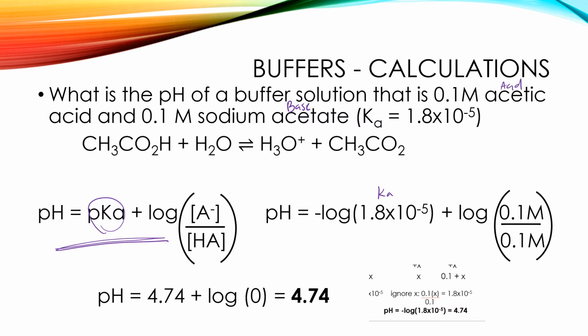So in this case, they were the same, so 0.1 over 0.1. I get pH equals 4.74 plus the log of 1, which is 0. That's a typo. The log of 1, which is 0. So I get 4.74, which, this is a screenshot from the earlier one. We get the exact same pH. So whether you work it with an ICE chart or with the Henderson-Hasselbalch equation, you get the exact same pH.